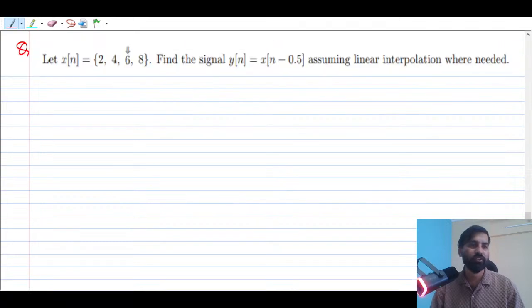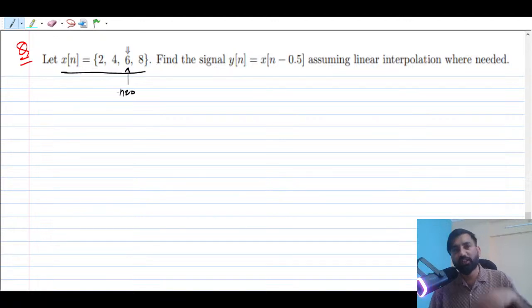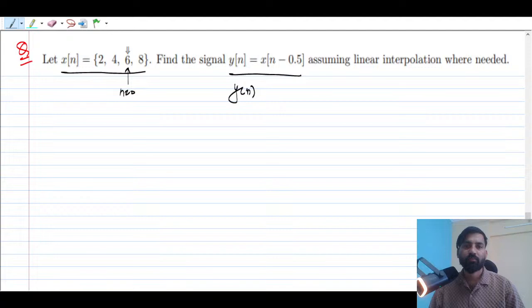Now this is a question here from the embedder only. The question says that we have got this sequence x of n, and this is the marker point n equal to 0, with -1, -2 before it. Now you have to find y of n, which is nothing but y of n equal to x of n minus 1 by 2.